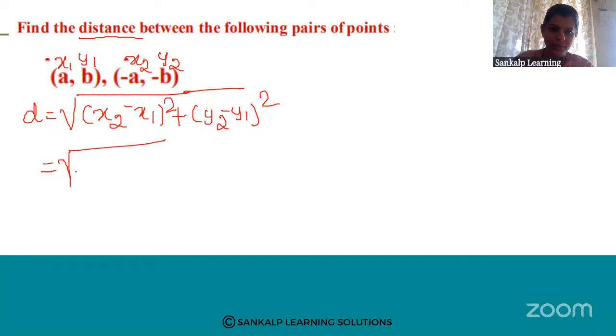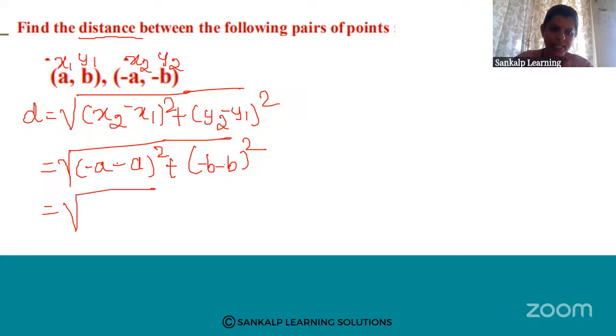X2 value is minus a, x1 value is a, so minus a minus a is minus 2a whole square, plus y2 value is minus b and y1 value is b, so minus 2b whole square.